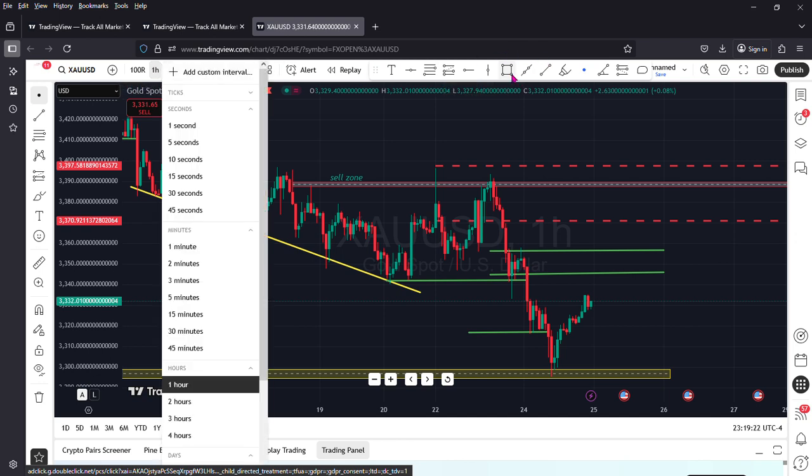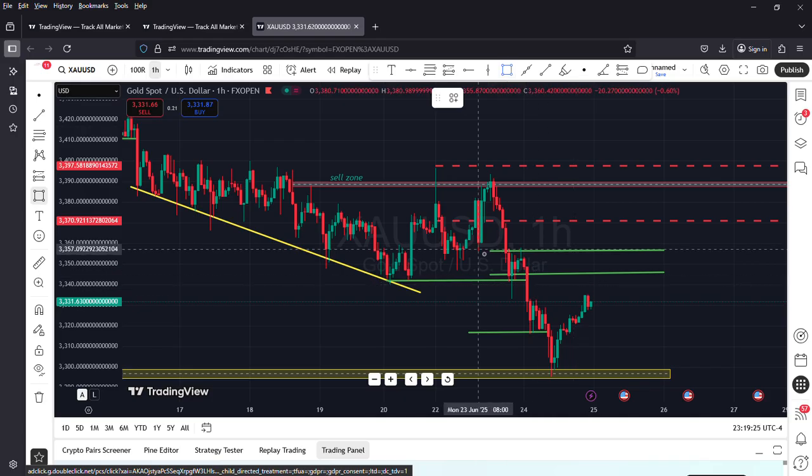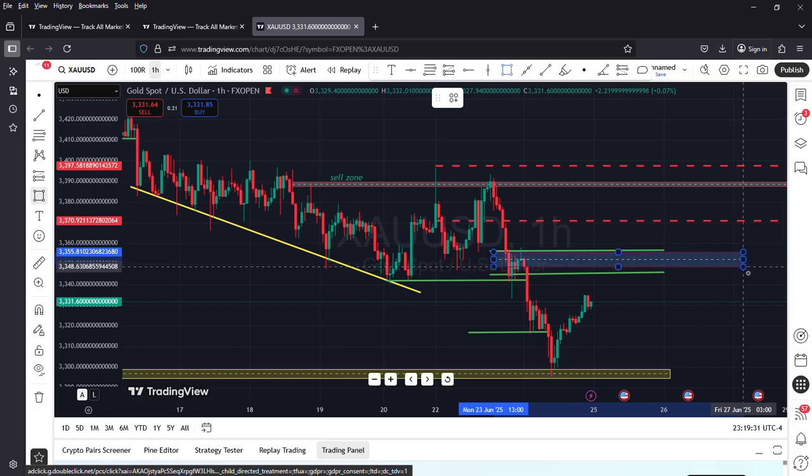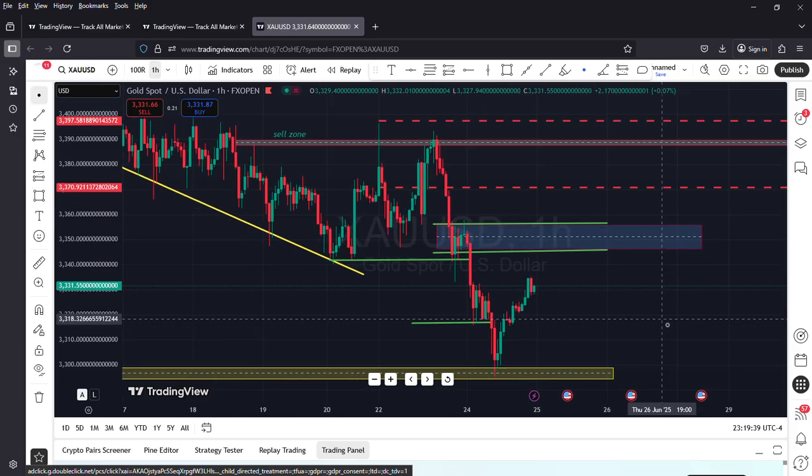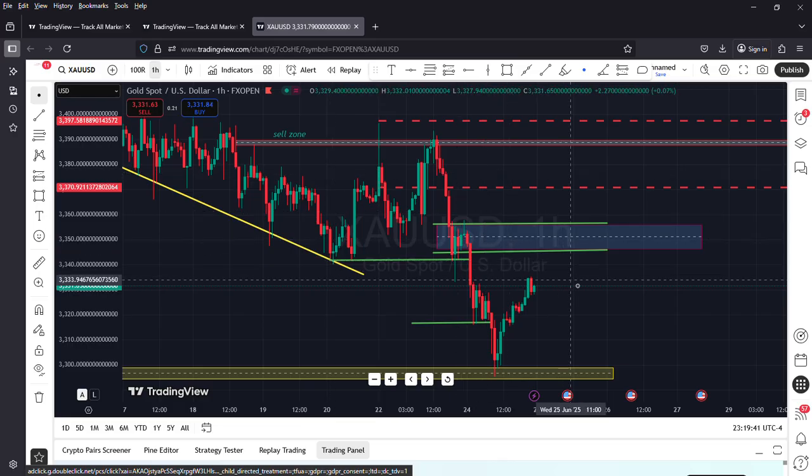So let me make this area a zone. This is the area we are looking for. If we see the price of the market come to this zone and try to come down, giving us a change of structure rejection, we sell from this zone.